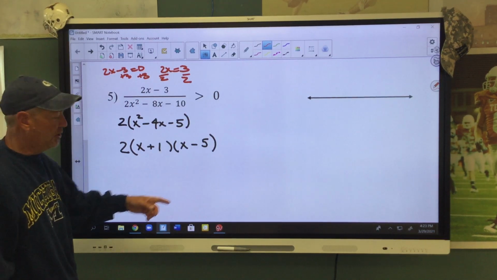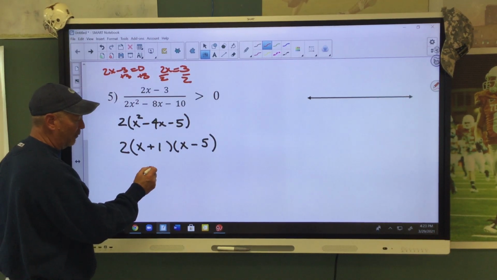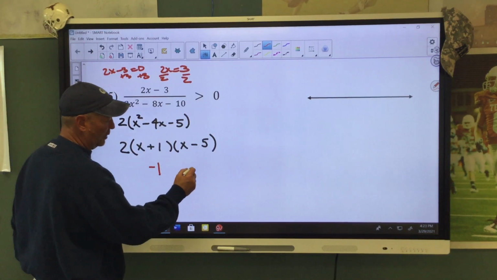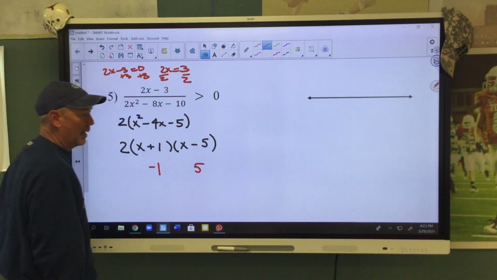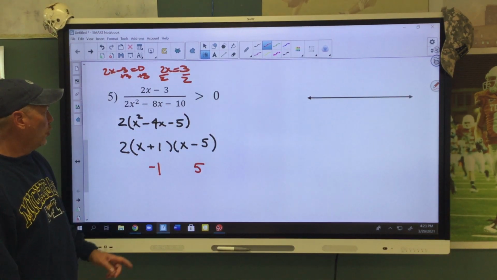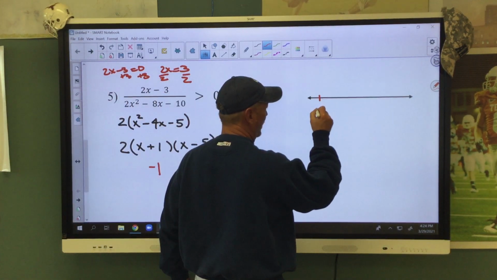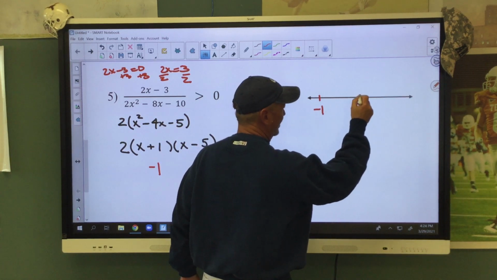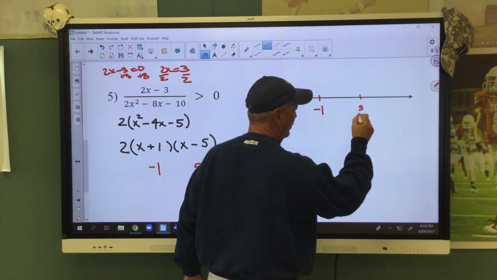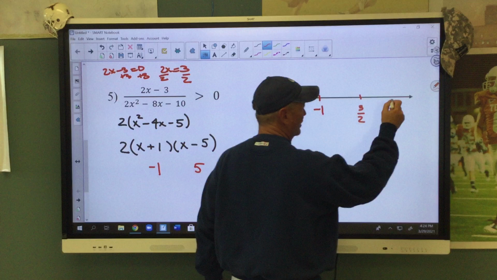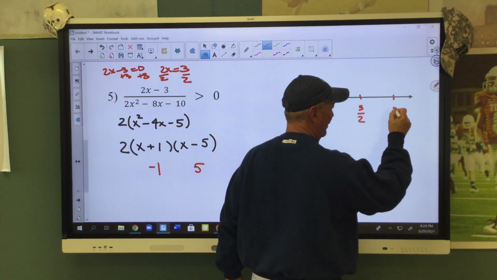This is a little easier. We just take the opposite. I'm going to get a negative 1. I take the opposite. I'm going to get a positive 5. I put these on the number line accordingly. The smallest is a negative 1. The next is 3 over 2. The next is a positive 5.